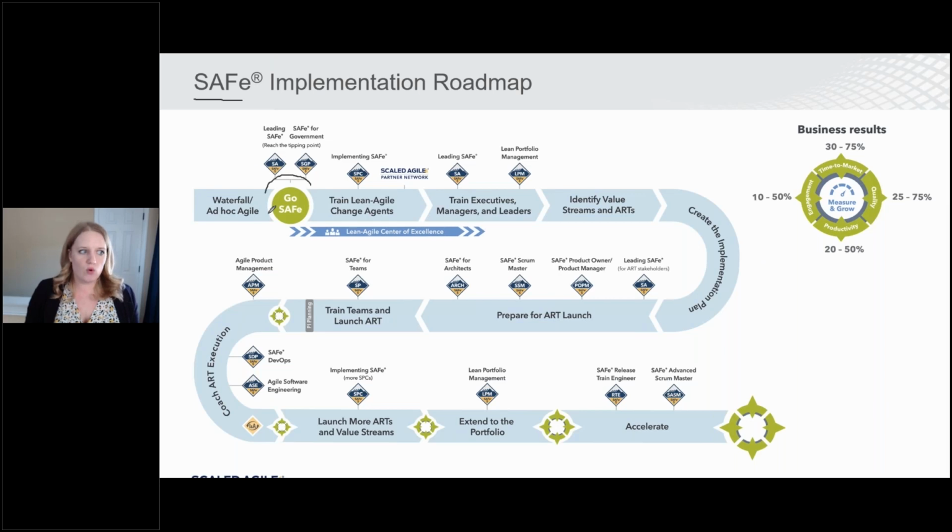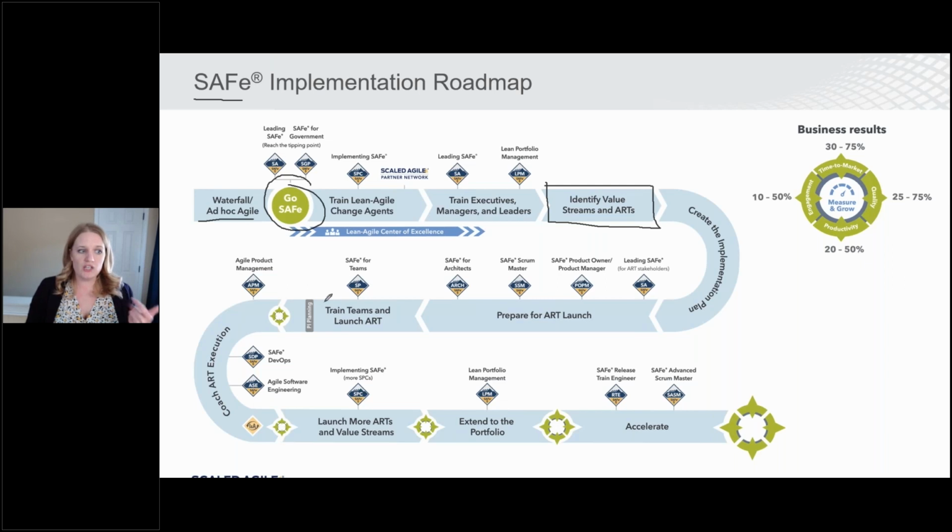We start out typically in a waterfall or ad hoc method, and we identify what are the values that we deliver, who are the folks that deliver it. And this is where we build those agile teams. We train those lean thinking people. We train them in the right principles, practices, and mindsets to achieve that team and technical agility.